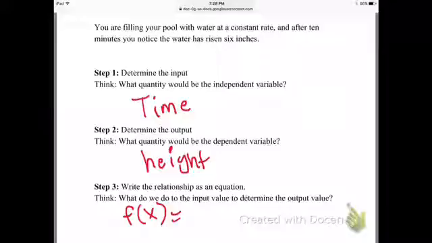So we are going to have division here. It rose 10 inches after 6 minutes. So that's going to simplify to 5 over 3x. So it's rising 5 inches every 3 minutes.